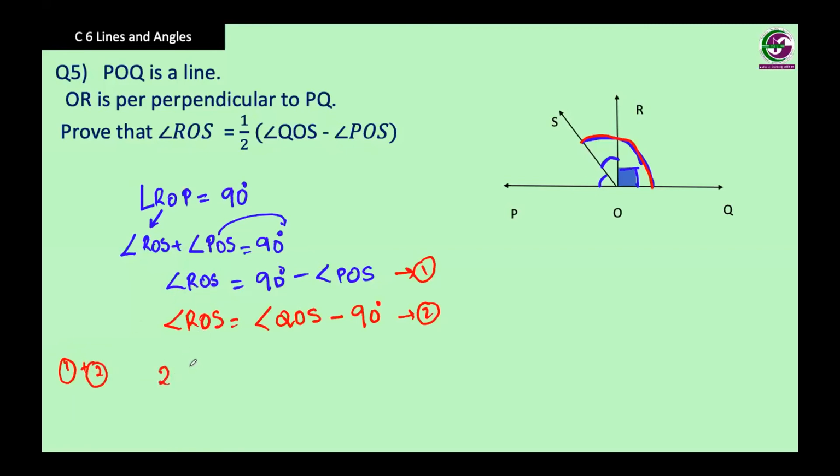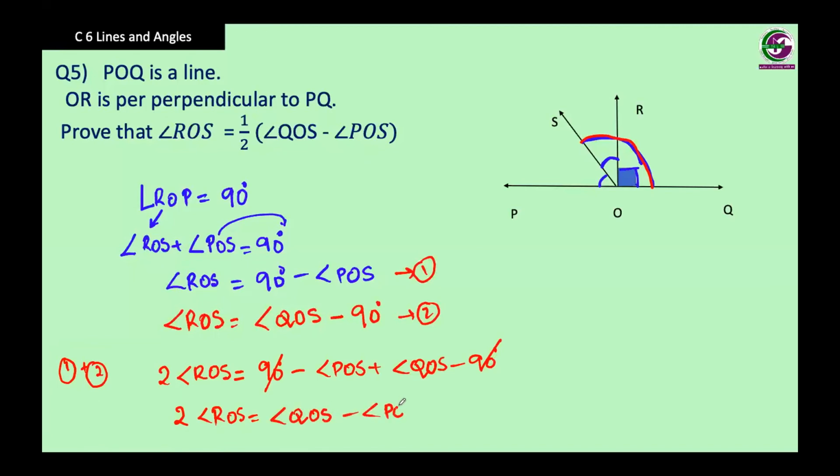So it is 2 times angle ROS is equal to 90 degrees minus angle POS plus QOS minus 90 degrees. Plus 90 degrees and minus 90 degrees get cancelled. So we have QOS minus POS. So we rewrite 2 angle ROS is equal to, let's write the positive angle first, QOS minus angle POS.